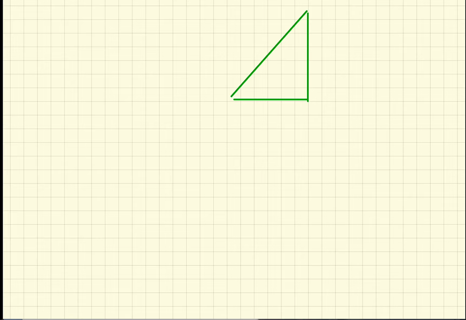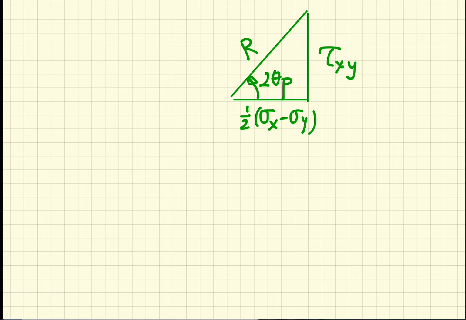On one side we're going to have 1/2 sigma x minus sigma y, and on the other side we will have tau xy, and the diagonal of this triangle is r, and the angle here we're going to call 2 theta p for convenience.